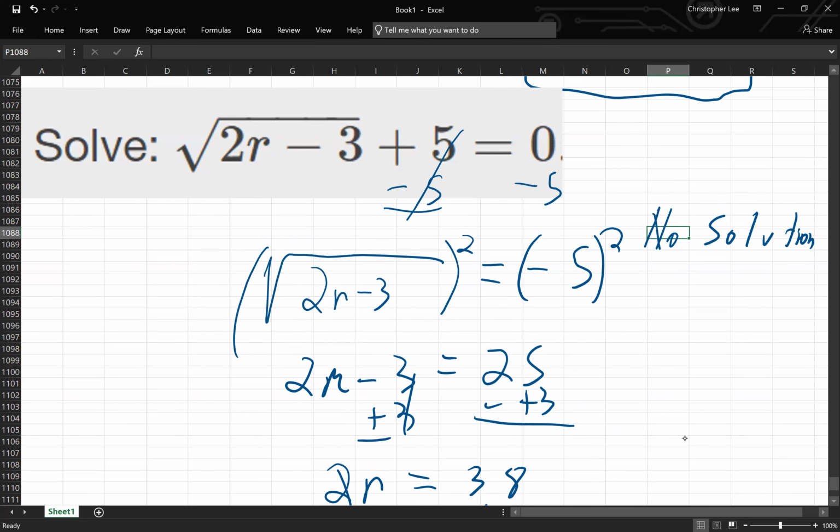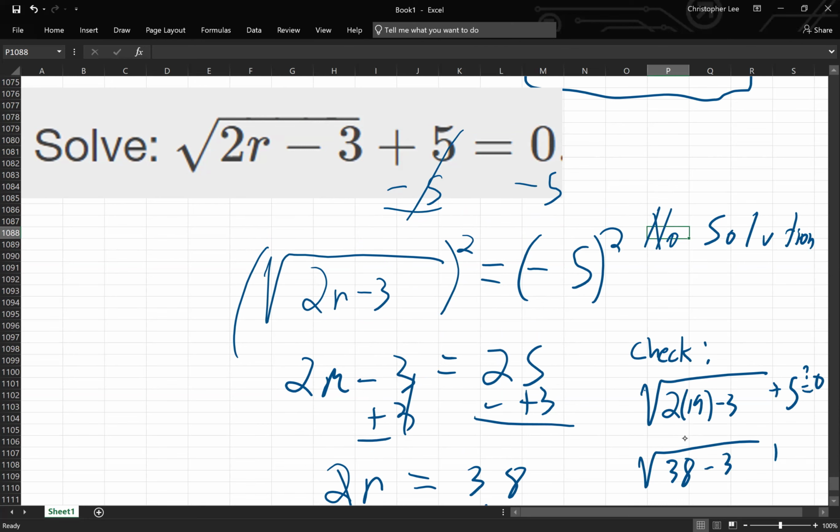Now, let's check it out. Check our solution. Allegedly, if I have 2 times 19 minus 3 plus 5, that will equal 0. So 38 minus 3 plus 5 should equal 0.